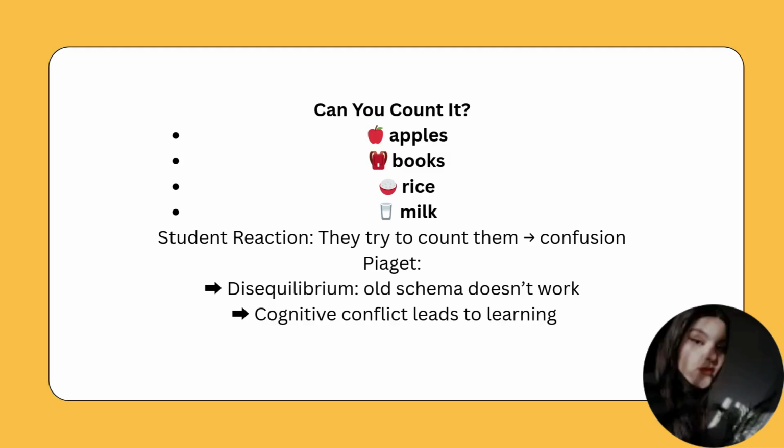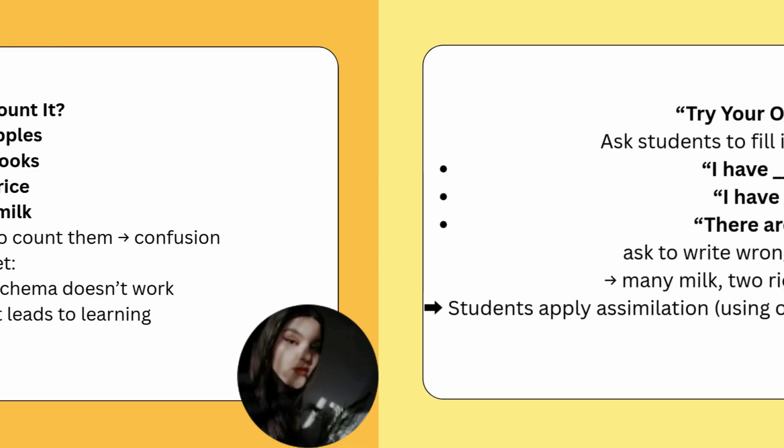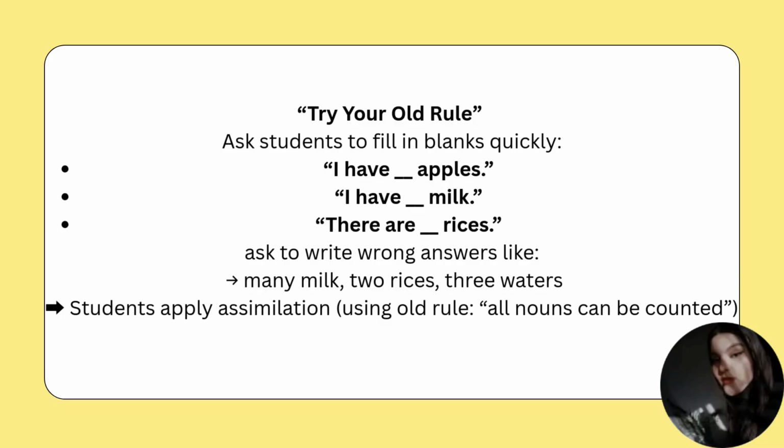In my lesson, the moment of disequilibrium appears when students see nouns like rice or milk and realize that they cannot count them like apples or books. This temporary confusion helps them question what they know about counting. Then comes assimilation. They try to fit this new information into their existing schema about nouns.